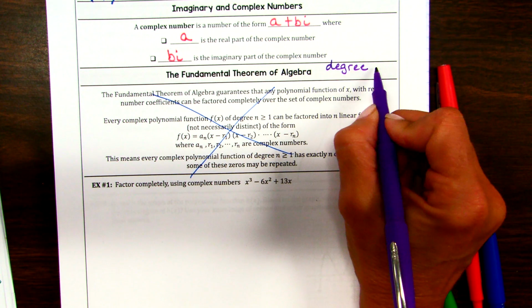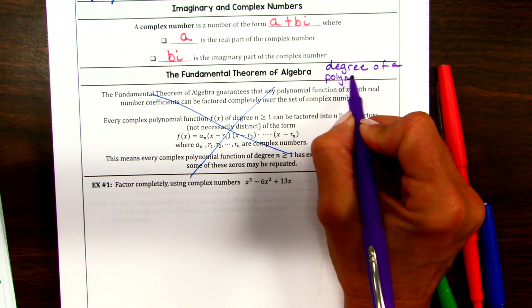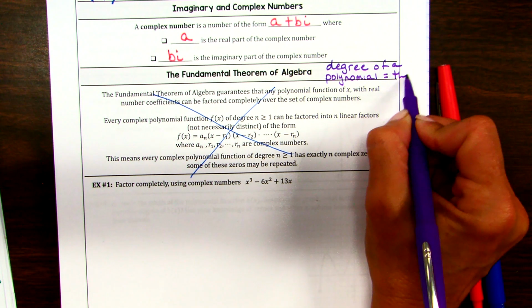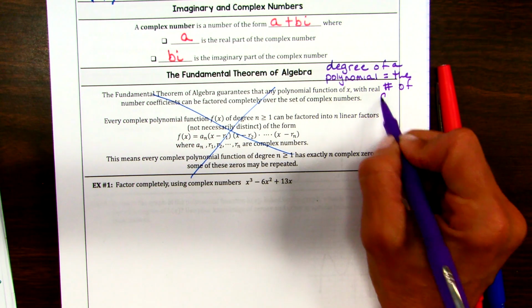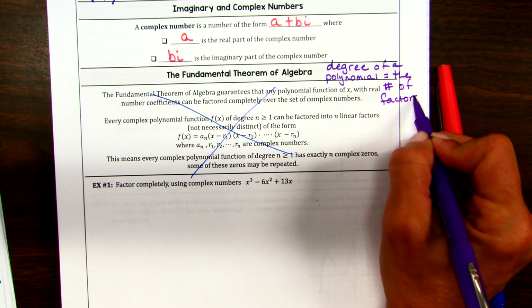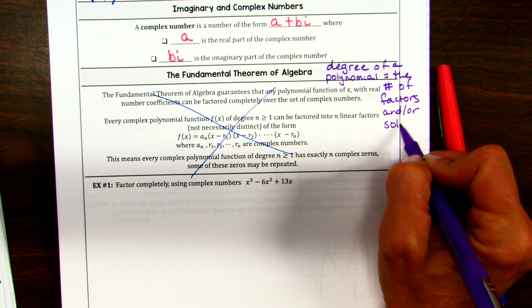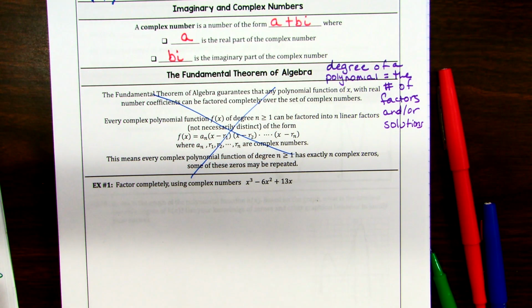The degree of a polynomial equals the number, not hashtag, the number of factors and or solutions. So let me give you a second to write that, and then I will explain it.